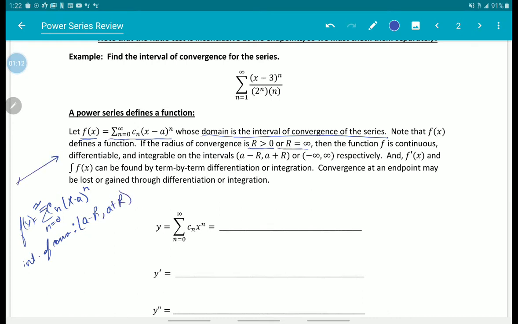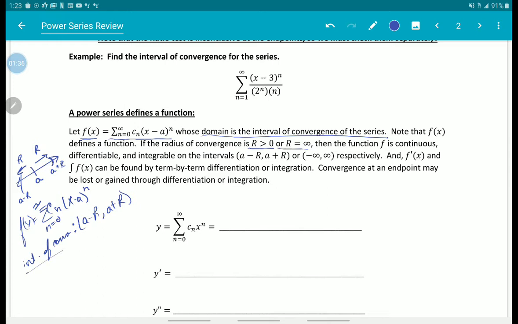Just reviewing what that means: here's our center. We move r units to the right, and that's where we get to the right endpoint of the interval of convergence. We move r units to the left, and then we get to the left endpoint. I'm not worried about testing right now. I'm just going to use this generically, not including the endpoints here.